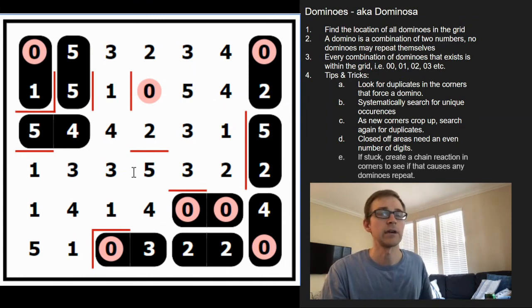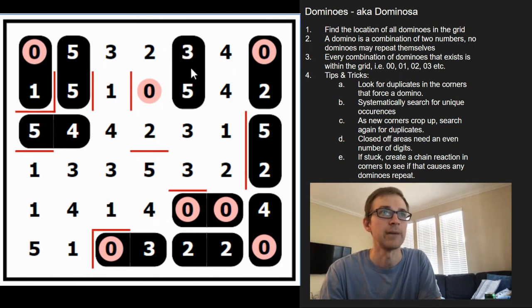And then the last thing I would say is if you're stuck and you just don't know what to do, it's a hard puzzle, you can artificially create chain reactions to see if there's any illegitimate dominoes. What I mean by that is if we were to put a domino here, that would force this 4-4, and that's okay.